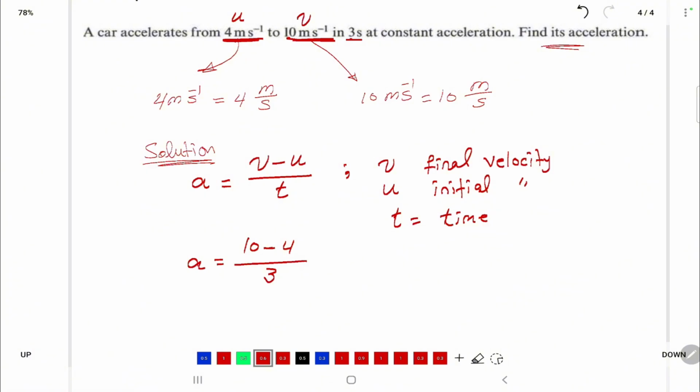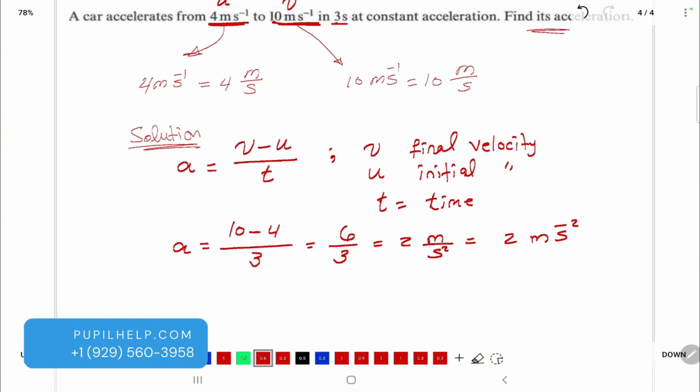So it becomes 6 over 3, which is 2 meters per second squared. Sometimes we write it as 2 m s to the minus 2. So this is the answer.